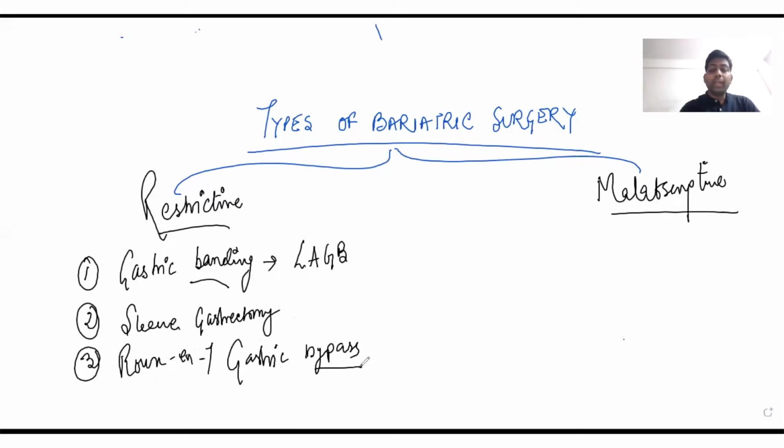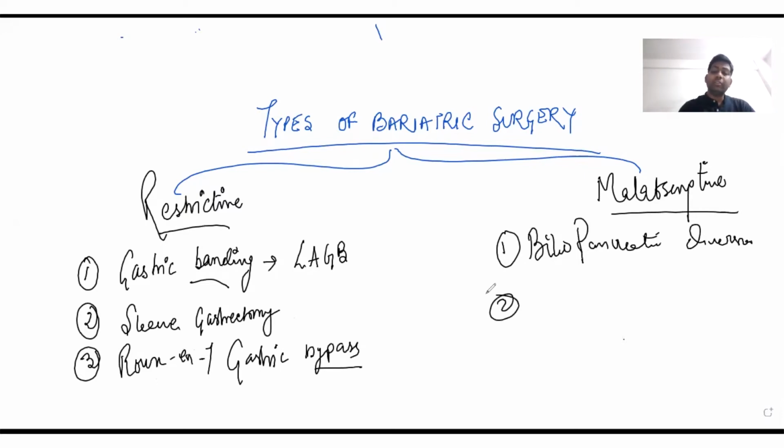In the malabsorptive, the main types that we are going to study in detail are biliopancreatic diversion, that is BPD, and simultaneously there is another which is a modification of BPD, that is BPD with duodenal switch. We are going to see them individually. So these are broadly the different types of bariatric surgery. Apart from this, there are some latest advances. We are going to deal with them individually at the end.